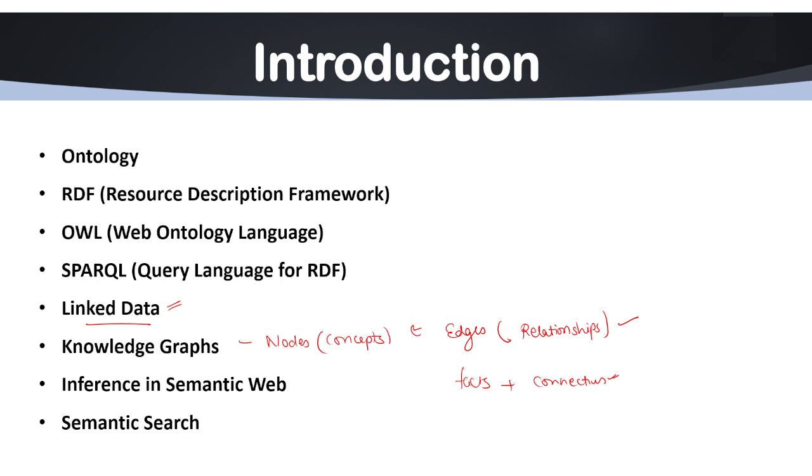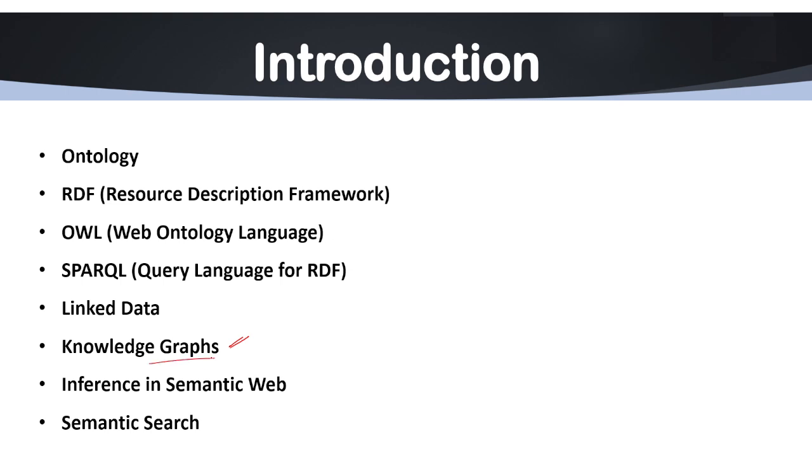We have so many search engines that we are using these days, right? So, these are examples of knowledge graph. We have already discussed it in the previous session, right? Other than this, it is used in open data projects, government portals, and by Google and Facebook for better recommendations.